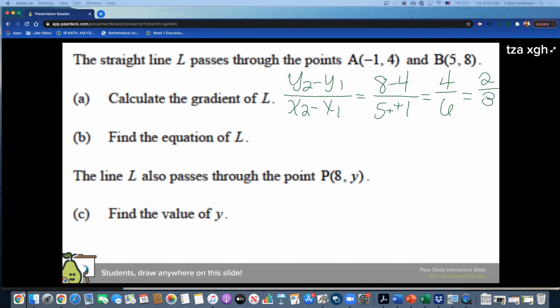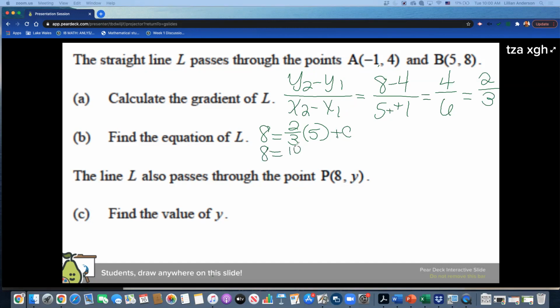The equation is in the form of y equals mx plus c. I can use either point A or B, plug in the y coordinate, plug in the gradient, plug in the x, so that I can find my c. Then I can write it in gradient intercept form.